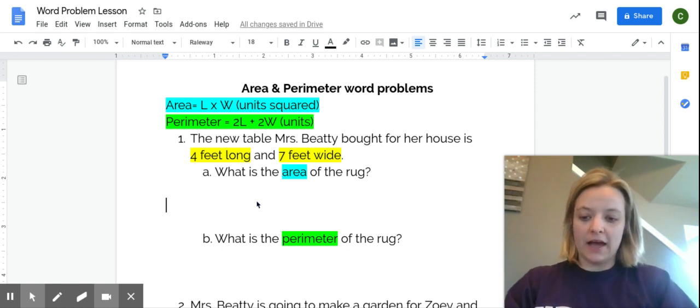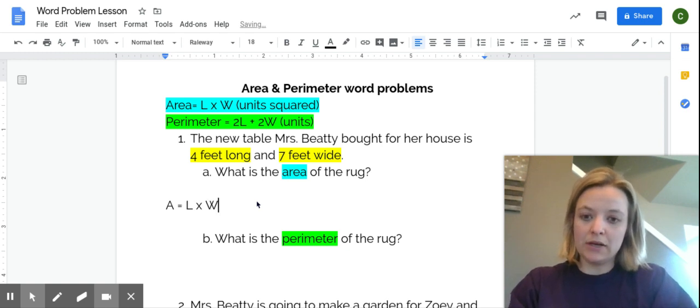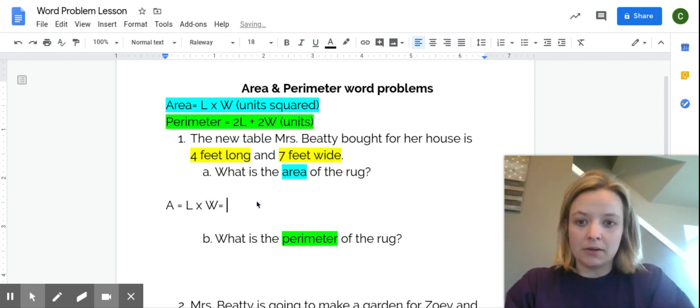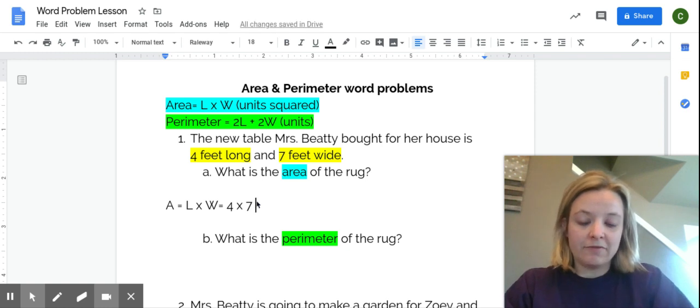So I know that area equals length times width. So for my problem, I know that I need to multiply 4 times 7. So I can skip count by 4.